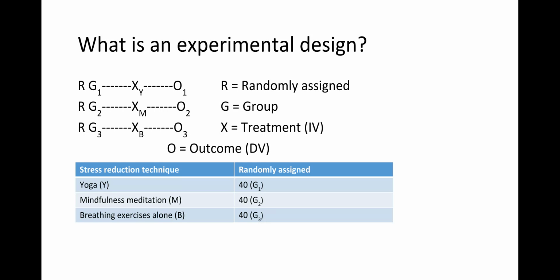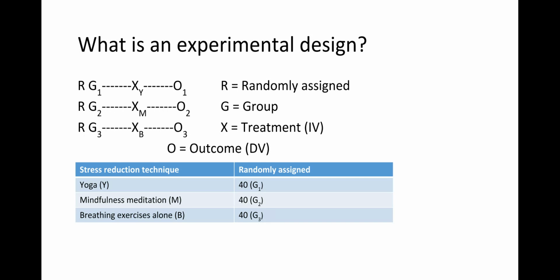How many levels does this treatment variable have? Three levels. Each group represents one level, like a categorical variable. Yoga is one level, mindfulness meditation is another level, and breathing exercise is the third level of treatment. Three levels. Make sense? Okay, let's move on.